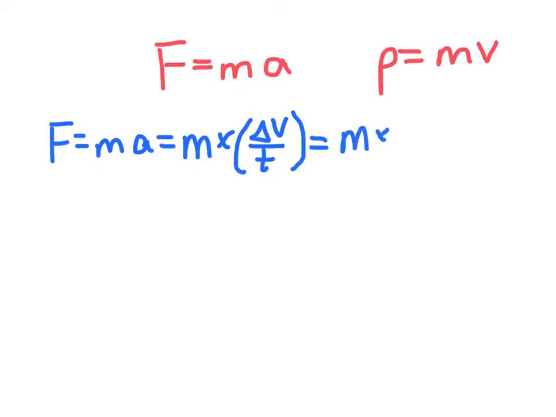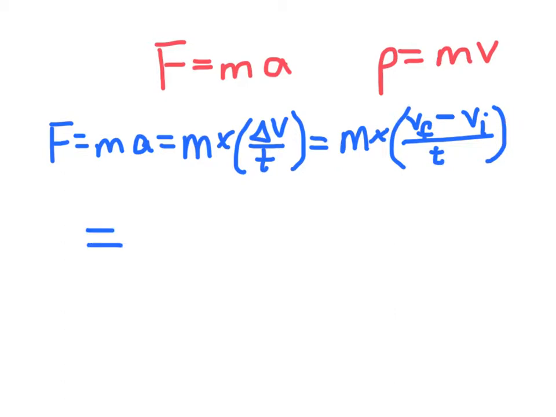Mass times the change in velocity is going to be final velocity minus initial velocity over time. And now I'm simply going to multiply this mass by each item within those parentheses.